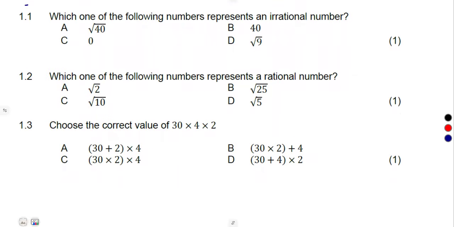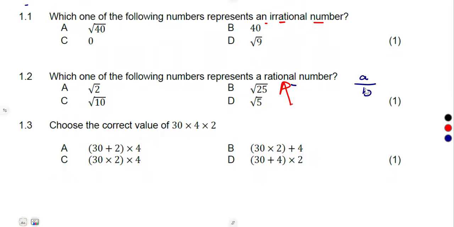So 1.1, we are given: which of the following numbers represent an irrational number. Once we understand rational numbers, guys, it is easier to understand an irrational number. Remember, rational numbers are those that we can express in the form of a over b.